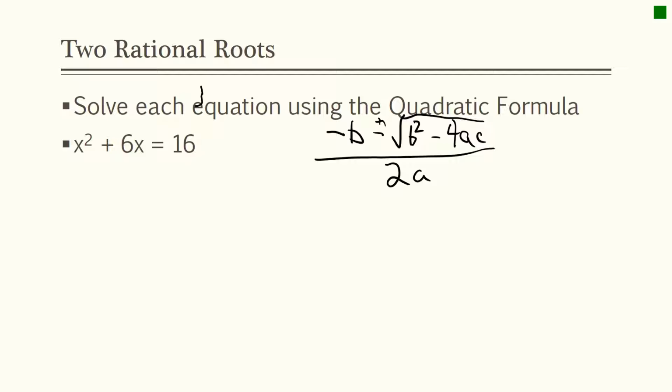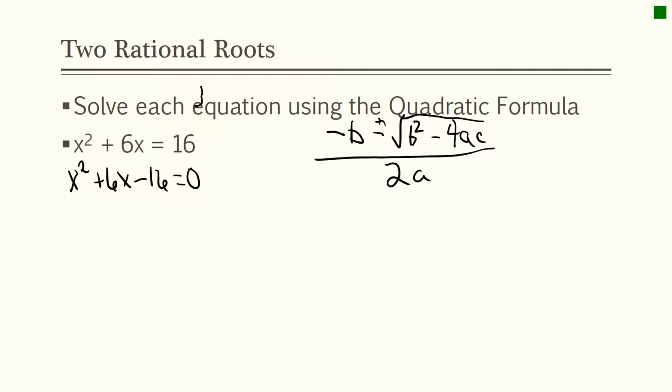Now let's define a, b, c. Here we have a quadratic equation, but it's not yet in standard form. We've got x squared plus 6x equals 16. So let's put it in standard form: x squared plus 6x minus 16 equals 0. We subtract 16 from both sides.